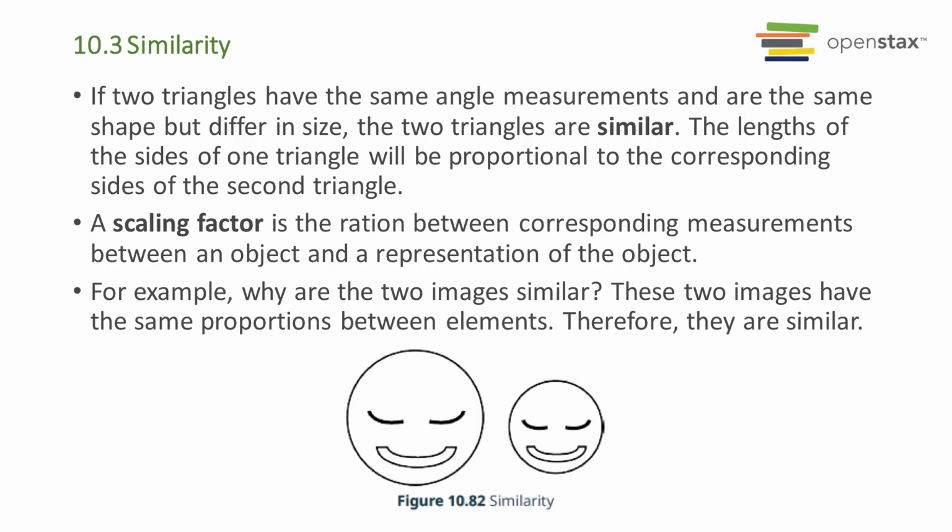So similarity means that they only differ in size. One is scaled up, which means that they're proportional to each other. And the amount by which they've been scaled is called the scaling factor, which is kind of interesting.